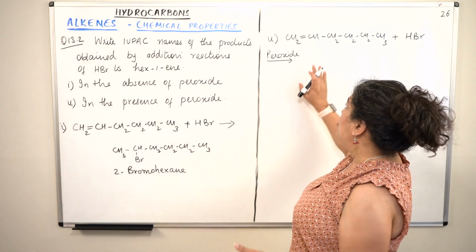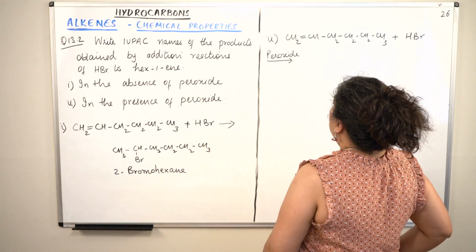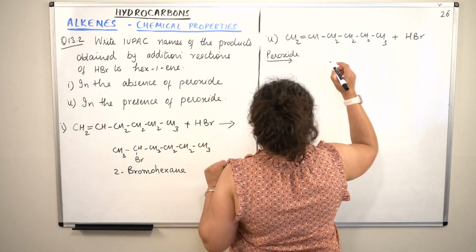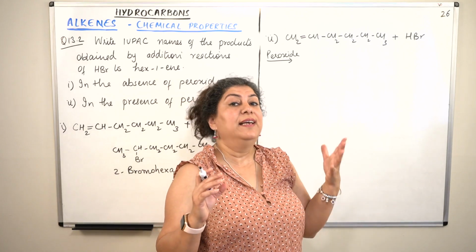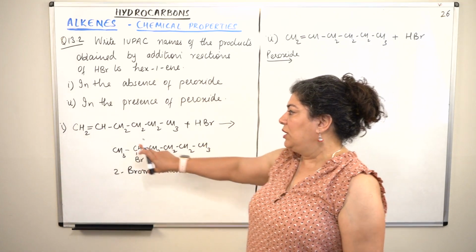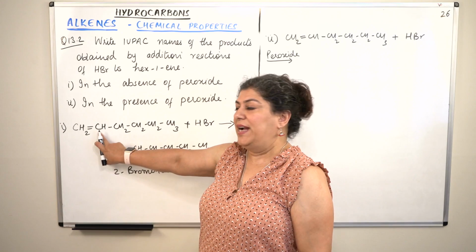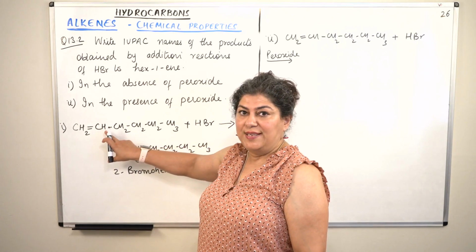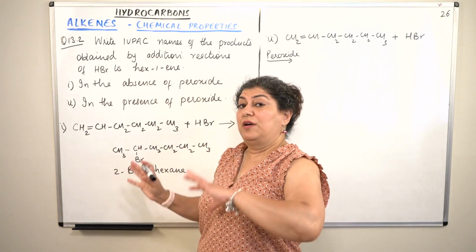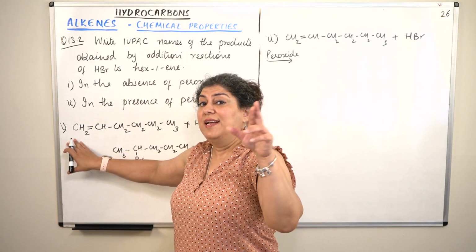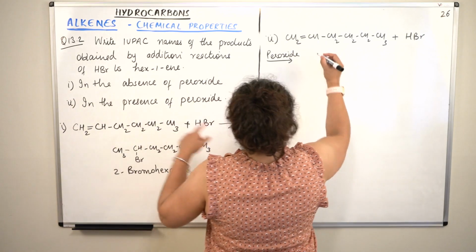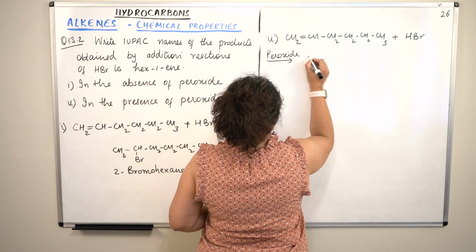If something is present, only then we write it. So in the presence of peroxide, what would happen? The addition would take place according to Kharash effect or Anti-Markovnikov. Markovnikov said that the negative part of the addendum will add to that carbon which has lesser number of hydrogens. But against this, the negative part of the addendum will add to that carbon which has larger number of hydrogens.